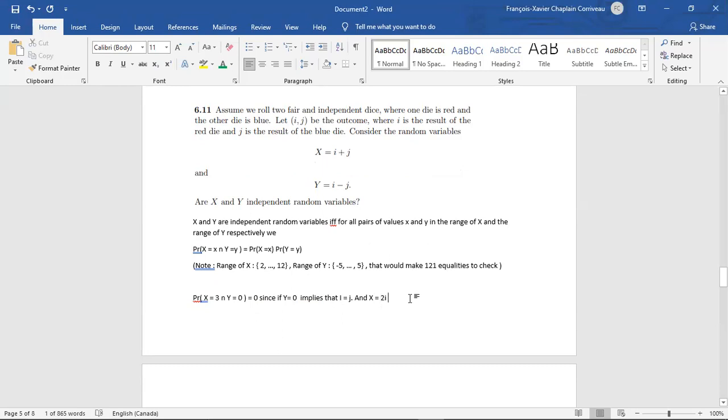It's 2 times something. And you're done. So this is 0 because this implies this, which means that when you add these two things together, you get 2 times something, which is even. It cannot happen.